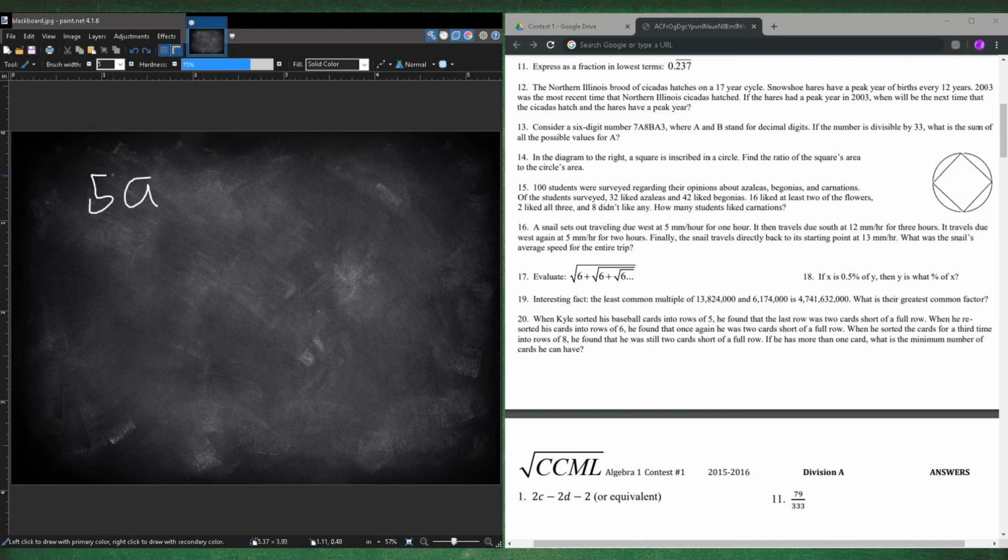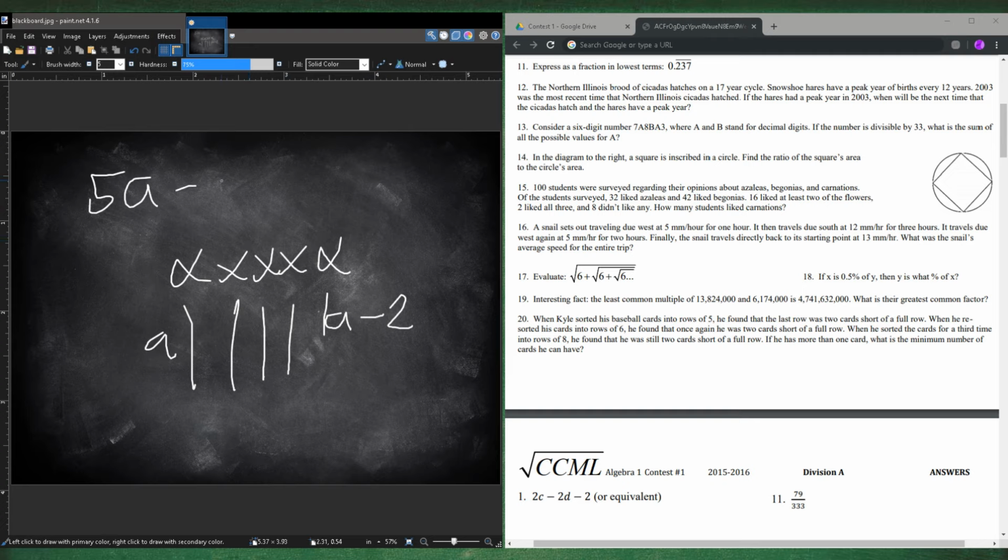We have 5 rows, and the total amount is x. If A is the equal amount in each row, then 5 rows times A equals the total if every row were full. But the last row is short, so A becomes A minus 2, and you have to subtract 2 from the 5A.